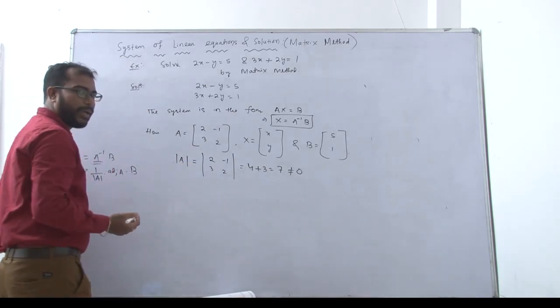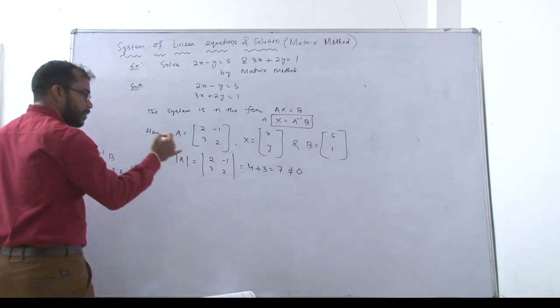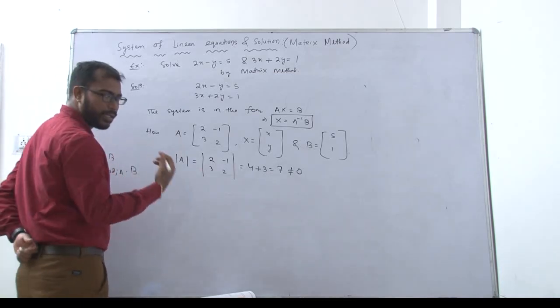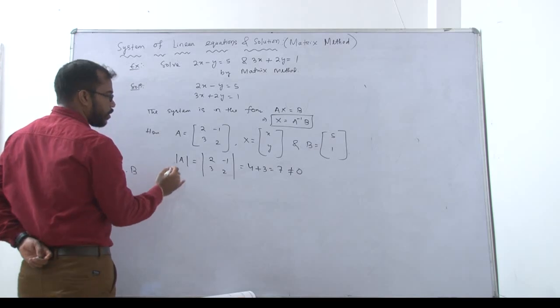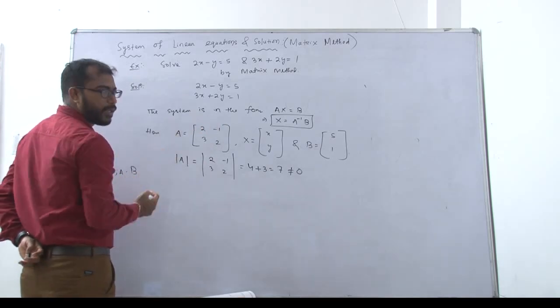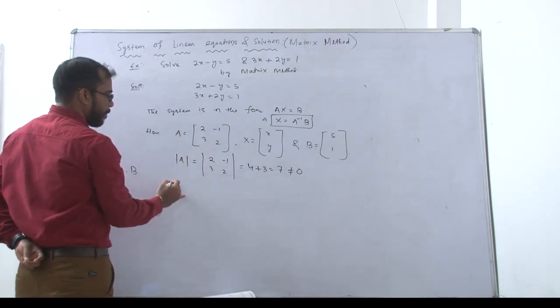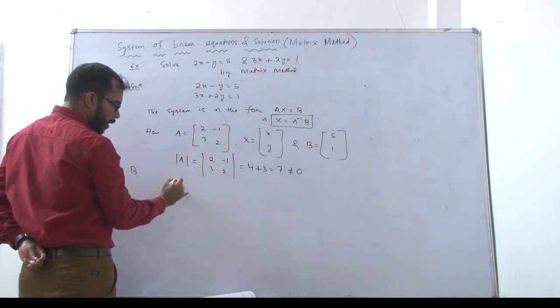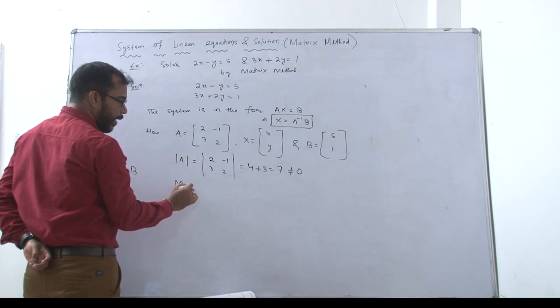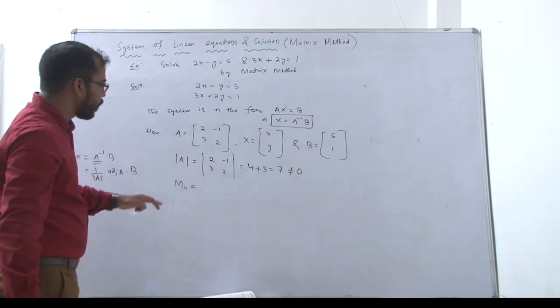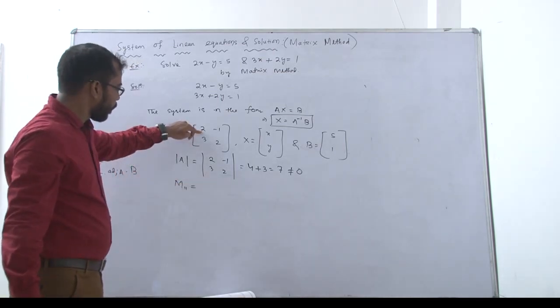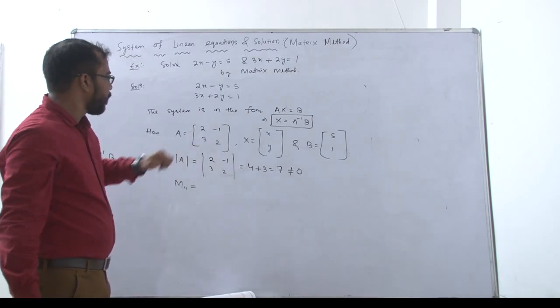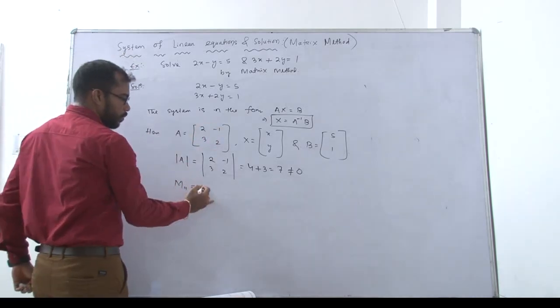Then adjoint of A. Adjoint of A means we first have to evaluate the minor, then the cofactor, then the adjoint. So there are 4 elements, and we first have to evaluate the minors. First is M11. M11 means if we evaluate this value, we get 2.